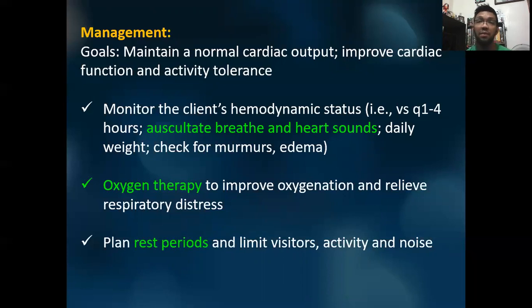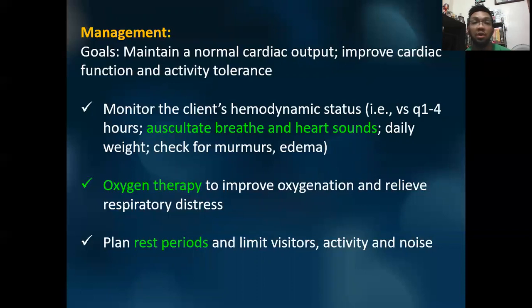Oxygen therapy if the patient is experiencing dyspnea to improve oxygenation and relieve the patient from respiratory distress. And plan rest periods because the patient is constantly tired from these types of diseases, valvular heart disease. So make sure to provide them with bed rest.